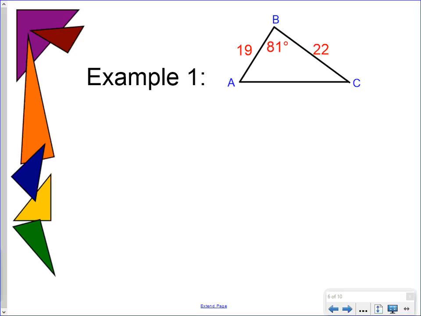Notice that if you're taking your quiz on Thursday and you're looking at this triangle and you love the law of sines, you could use the law of sines for this triangle. What corresponding angle and side do you have?